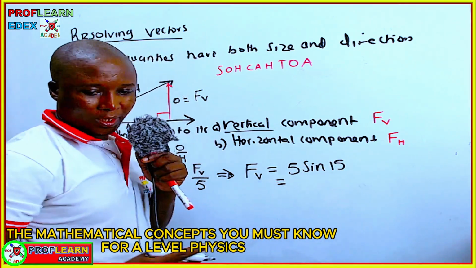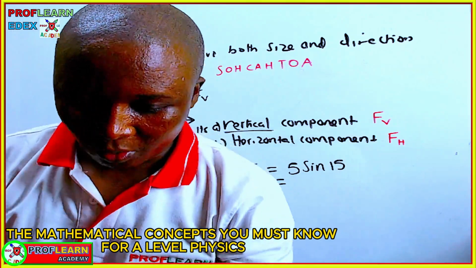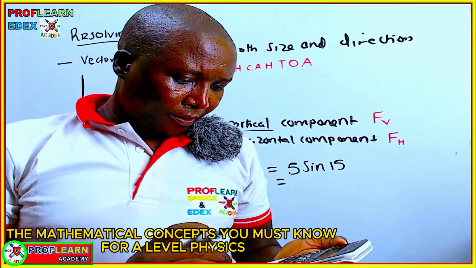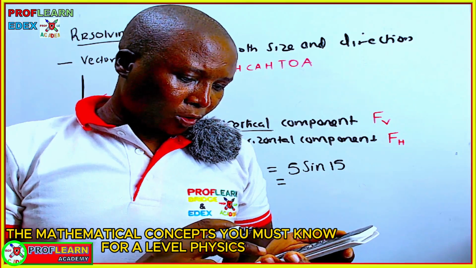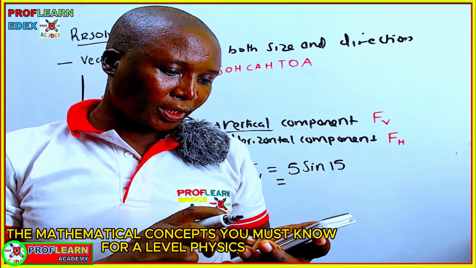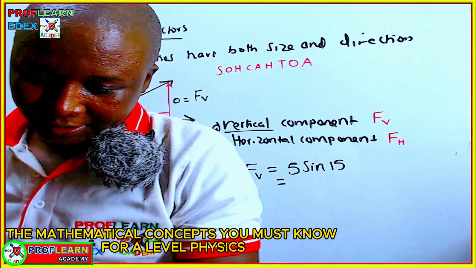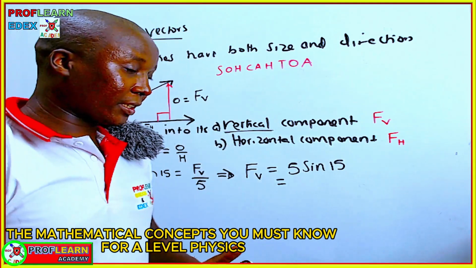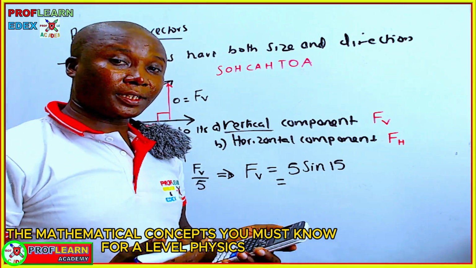So we can work it out. Let's see what we are going to get at that given point. This is going to be 5 sine 15, and ensure that your calculator is in degrees. Remember, I've always kept on saying that you have to ensure that the calculator is in the correct unit.